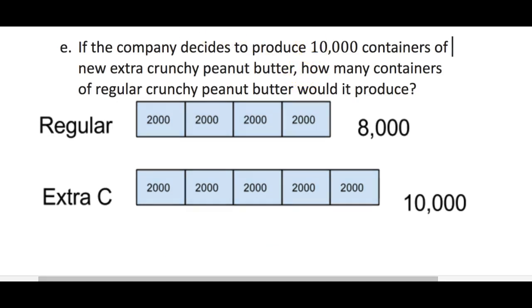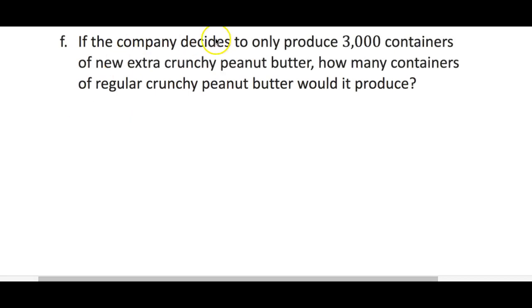And so that was E. Well, if the company decides to produce only 3,000 containers of new extra crunchy peanut butter, how many containers of regular crunchy peanut butter would it produce? Remembering you don't have to use a tape diagram at this point if you know that the 3,000 containers of new extra crunchy peanut butter would be 5.